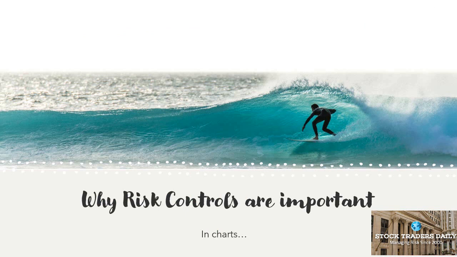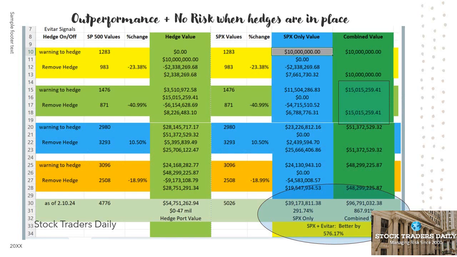So why are risk controls important? This is our Avatar Corte strategy calculator. So what we're doing in this calculator is we are comparing the performance of the S&P 500 alone to the performance of the S&P 500 with our Avatar Corte hedge on. The objective of the Avatar Corte model is to protect accounts from market crashes when market crash risk warnings come.